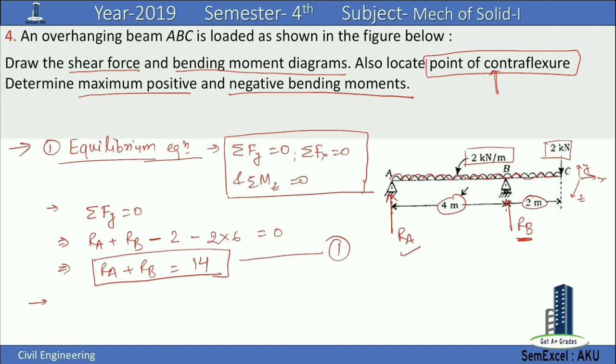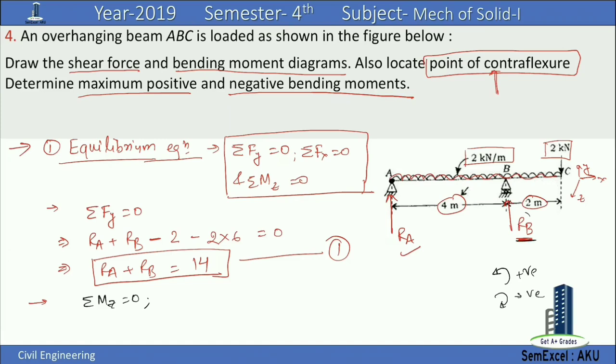Now we have two unknowns and we got only one equation. Now we'll write a moment equilibrium equation, that is sigma Mz is equal to 0. We will take all moments at point A. We are taking anti-clockwise moment as positive and clockwise moment as negative.